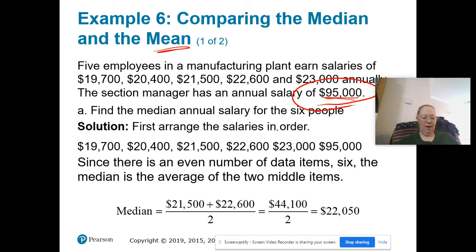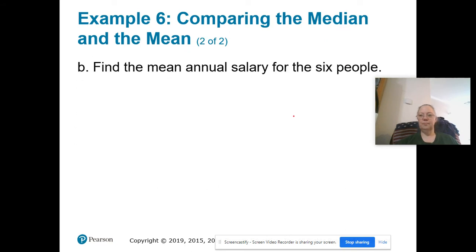So if you have a number that's way outside of the normal range, it artificially will raise or lower the mean, and the median then would be the best thing to look at to see what's really going on.